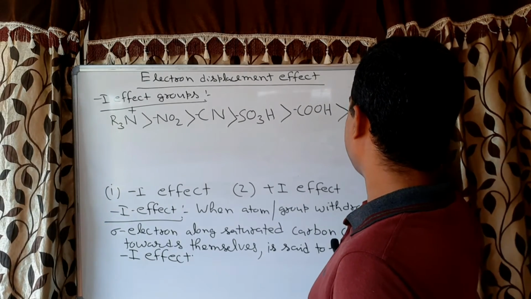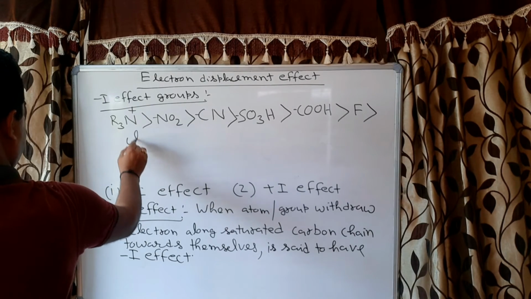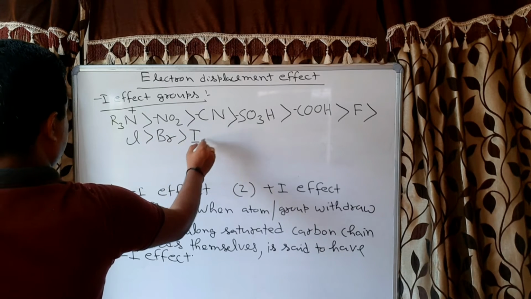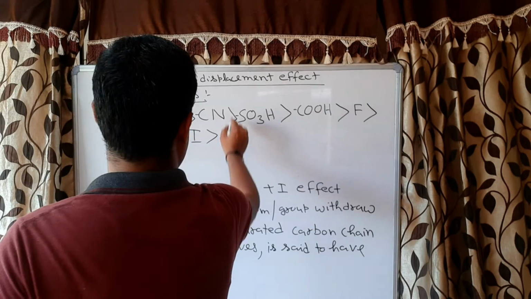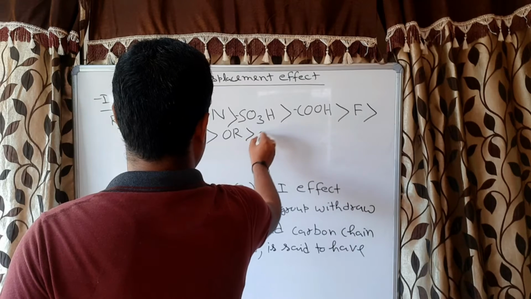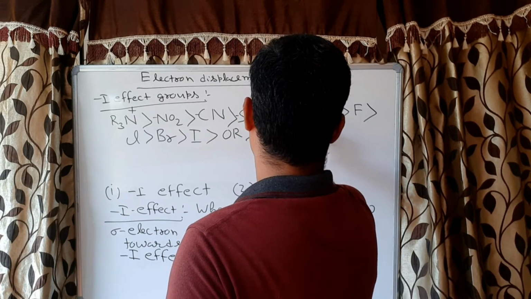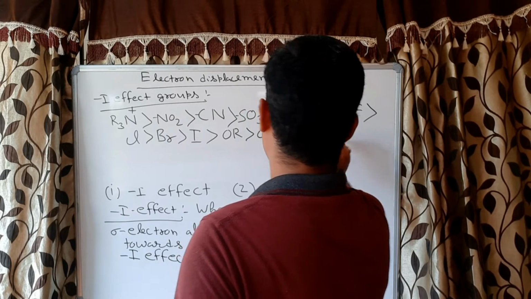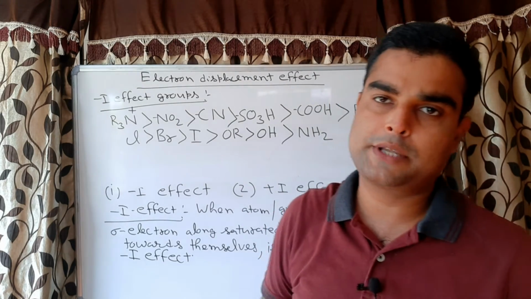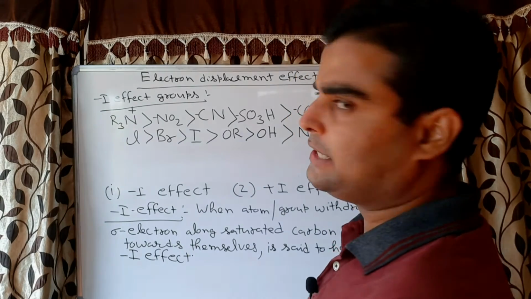And after that F means fluorine, then chlorine, bromine, iodine, and then OR, OH, NH2. There are many groups. I have written a few of the groups. These are in the decreasing order of the minus I effect groups.